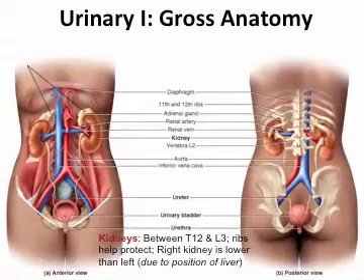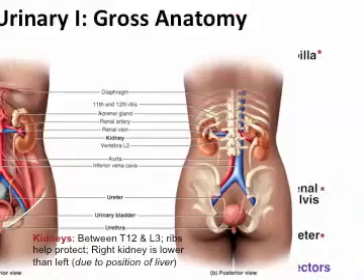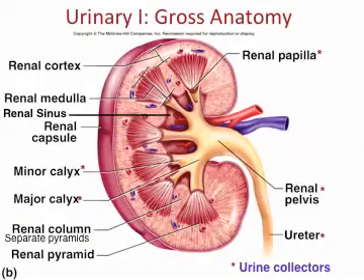The right kidney is a little bit lower than the left kidney because the liver, which is not in this cartoon, sits on the right side of the body. In this cartoon, this would probably be a coronal section through the kidney.